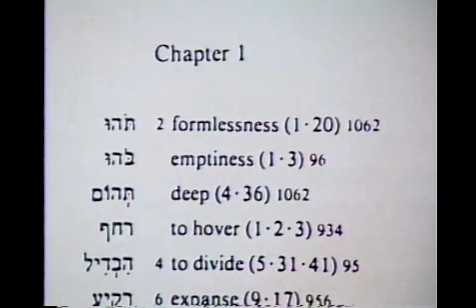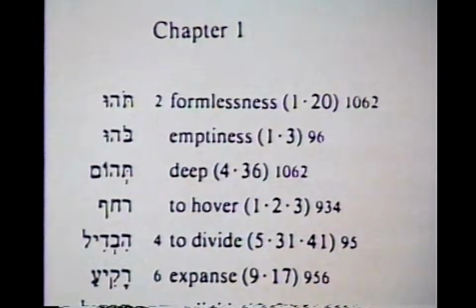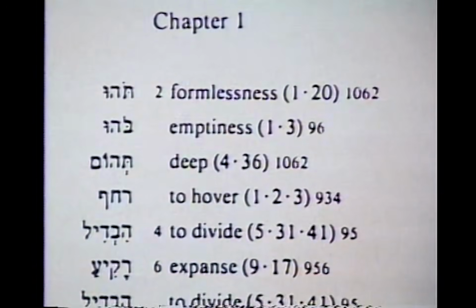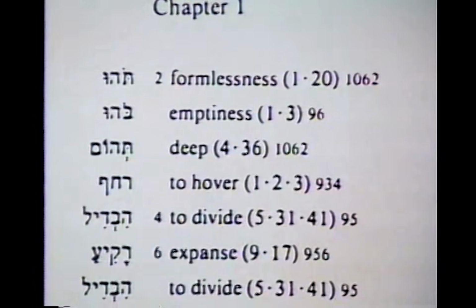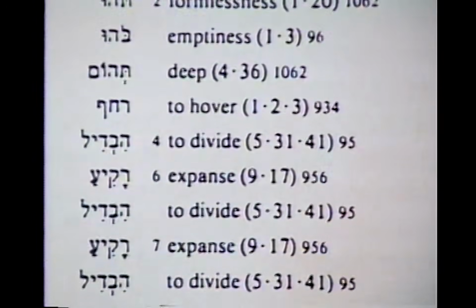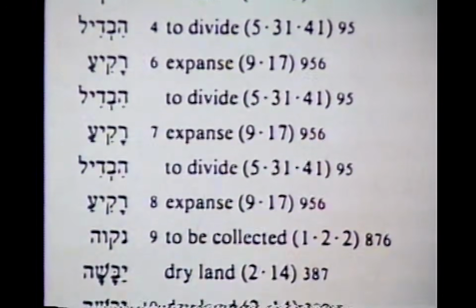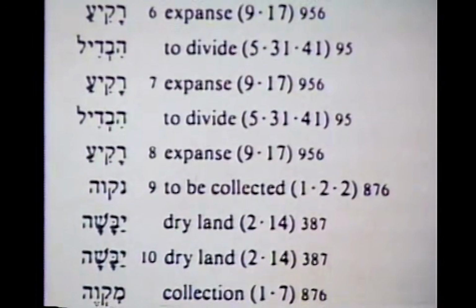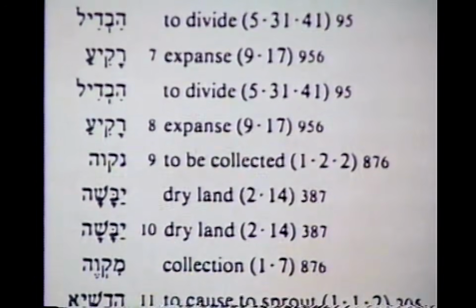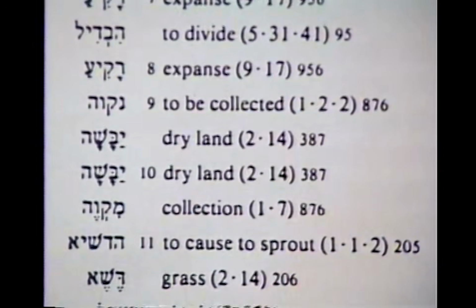With the student and preacher in view, it's been developed as a means to more rapid reading of the Hebrew text. Words that occur 50 times or fewer in the Old Testament are listed verse by verse in the order of their occurrence. Nouns and adjectives appear in their vocabulary form. Now what you see is the verse number, like there you got number 7, the expanse, and then it occurs 9 times in Genesis, 17 times in the Old Testament.